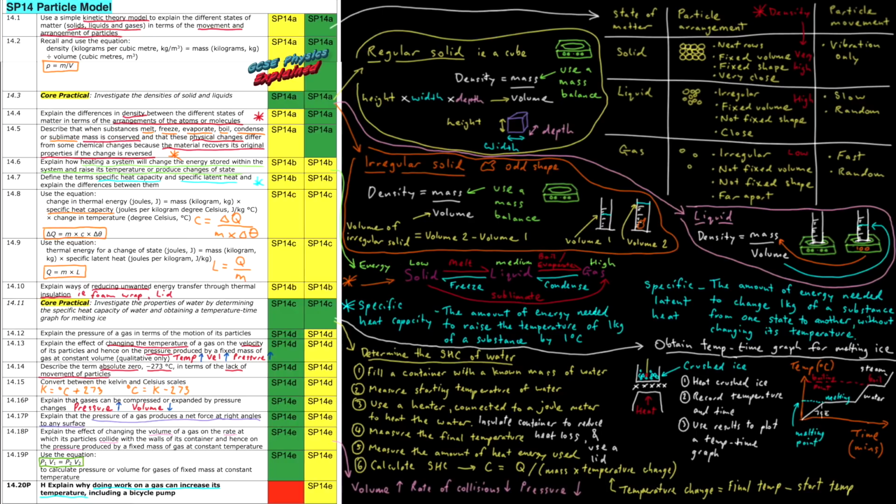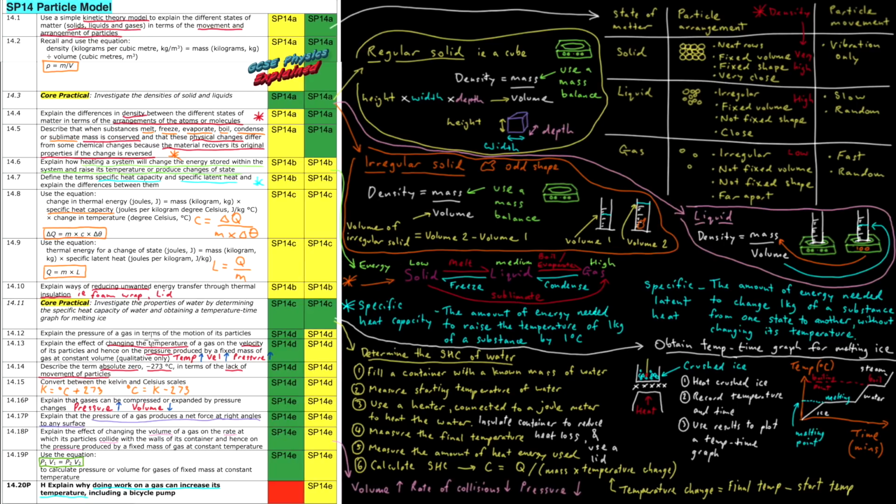As it's changing temperature, in this section here and this section here, that's when you would use the equation for specific heat capacity, which does involve the change of temperature in the calculation. Again, if you're not sure about that, check out my video from the SP14 playlist.